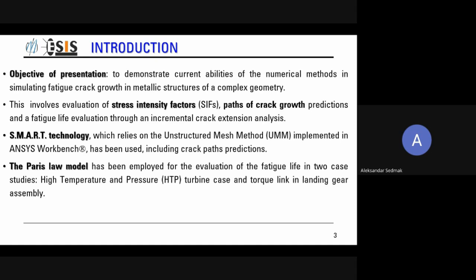There are some big issues in the way how to evaluate C and M coefficients of Paris law, especially in the case of materials that were already exploited and probably have different C and M in comparison with the new one, and of course also especially for quite advanced materials which are used especially for this high temperature and pressure turbine case. Next one.